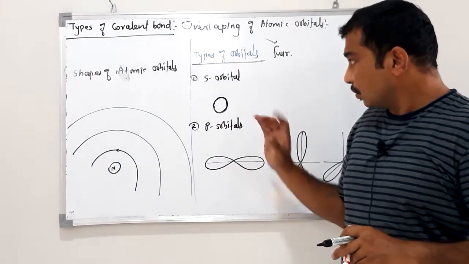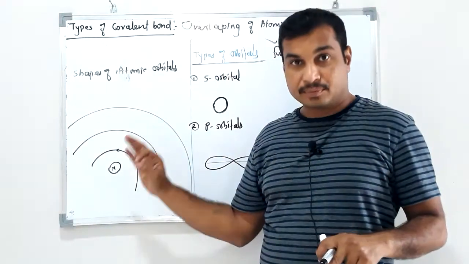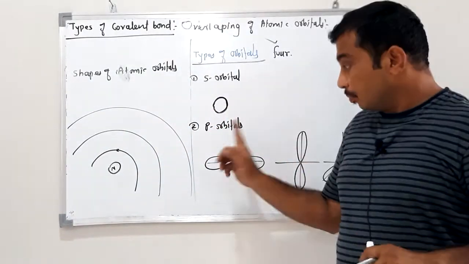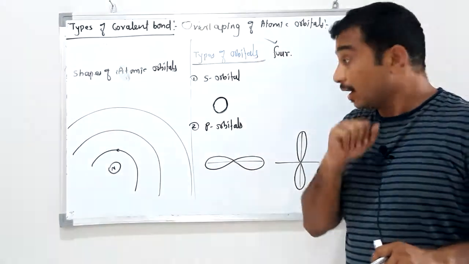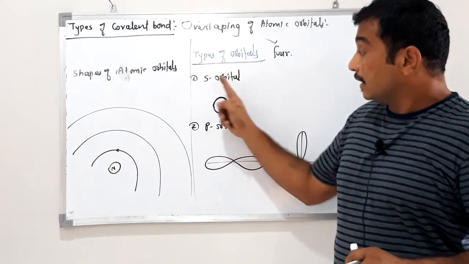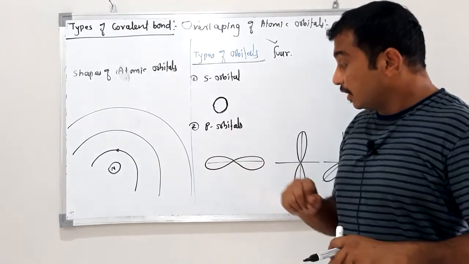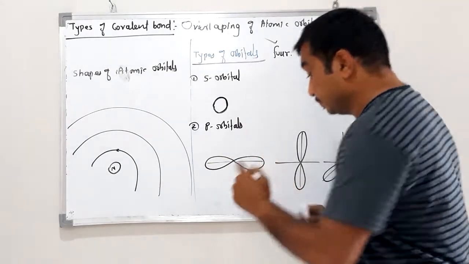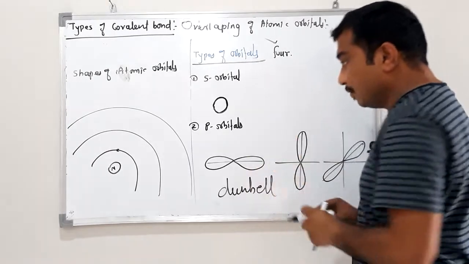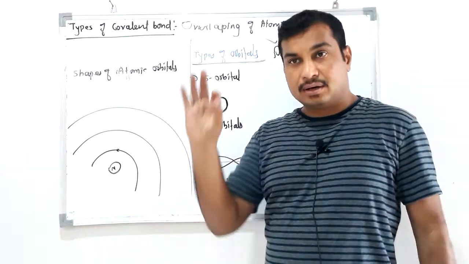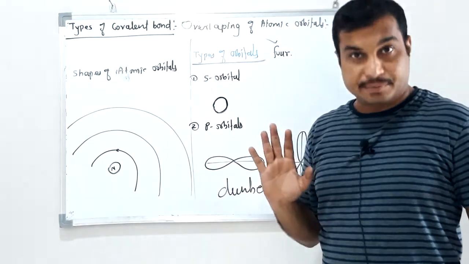First, only remember there are four types of orbitals present in an atom: s, p, d, f. The s orbital has a spherical shape, and the p orbital has a dumbbell shape. P orbitals are of three types: px, py, pz.